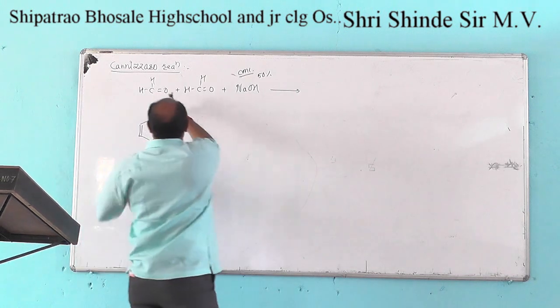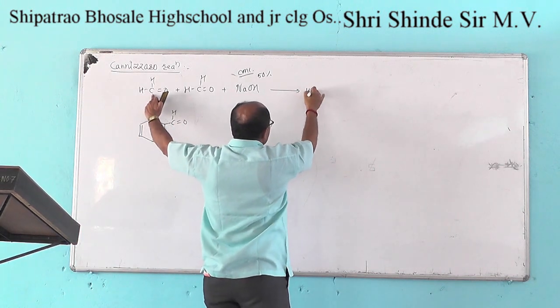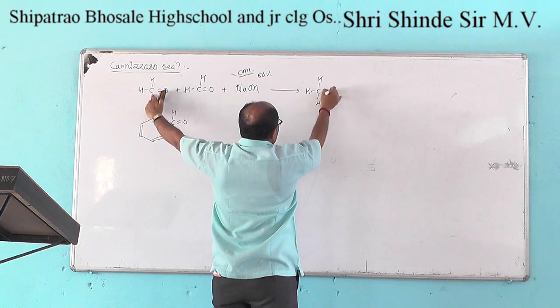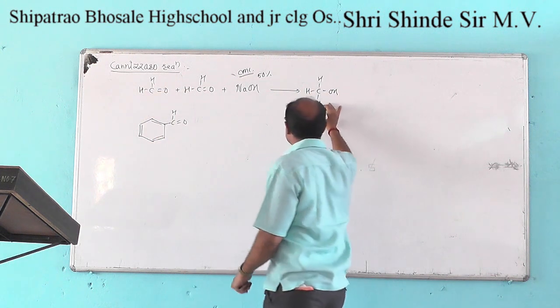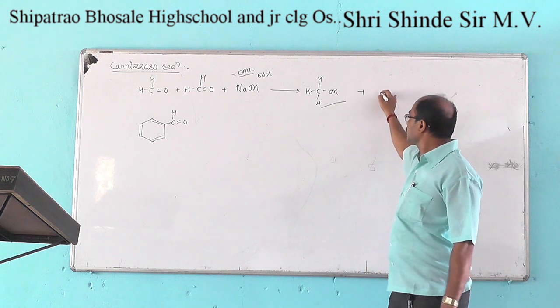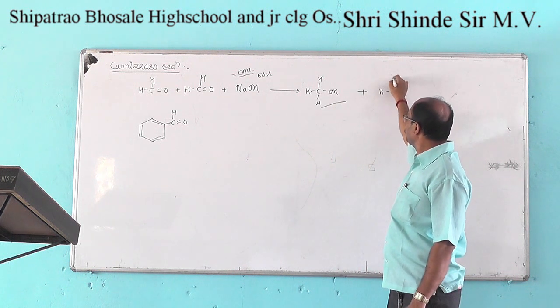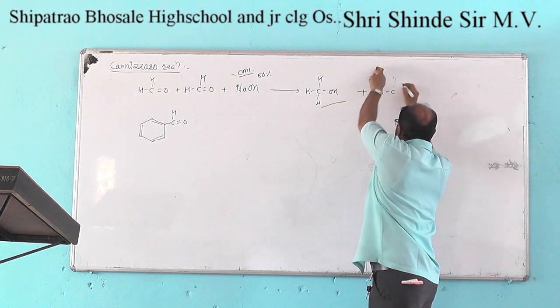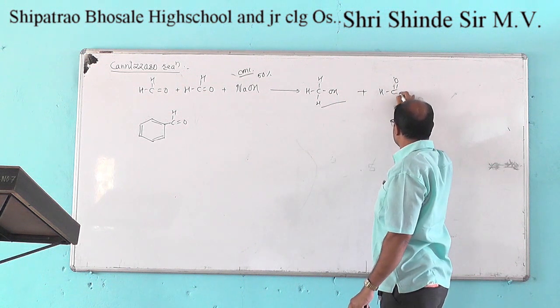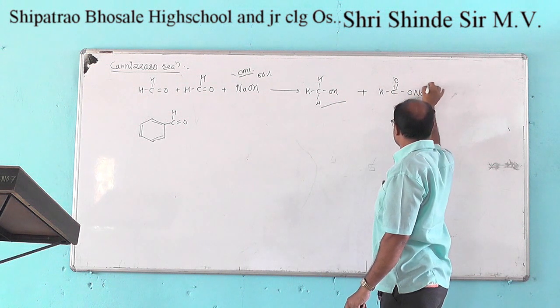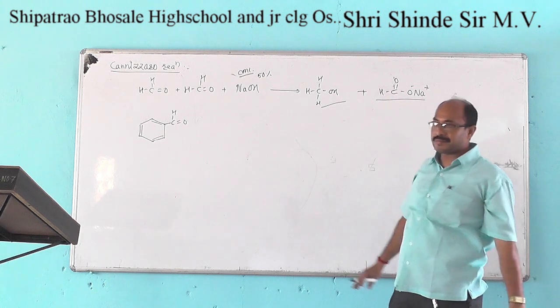It means reduction of this molecule takes place, forming HCH2OH, methyl alcohol, and oxidation of this compound gives HCOONa, the sodium salt of formic acid.